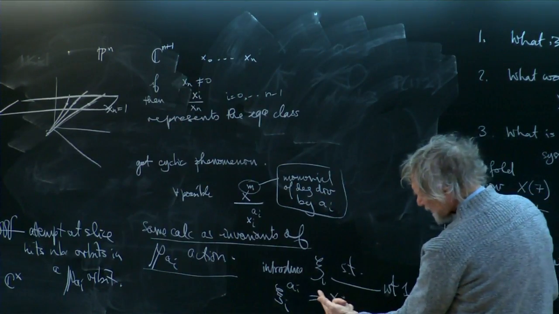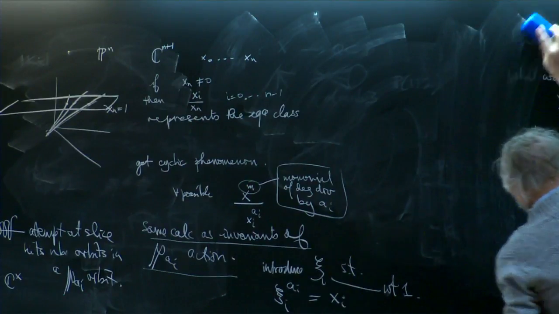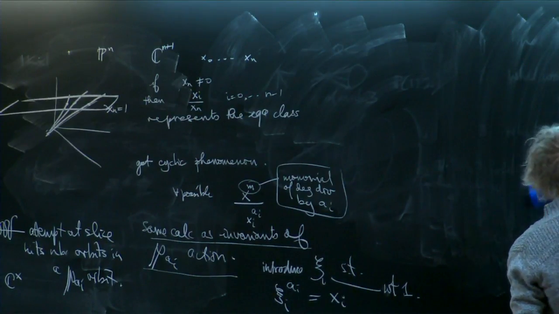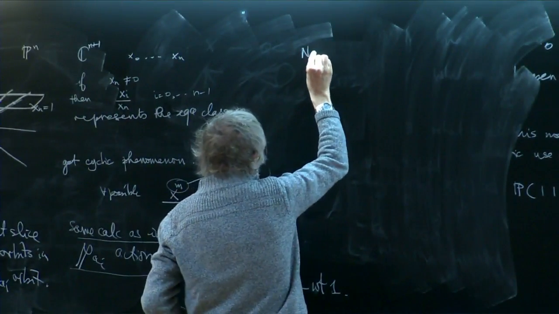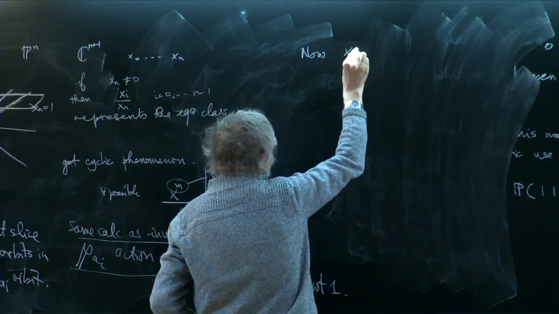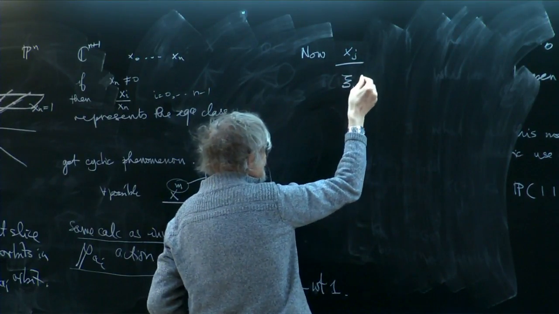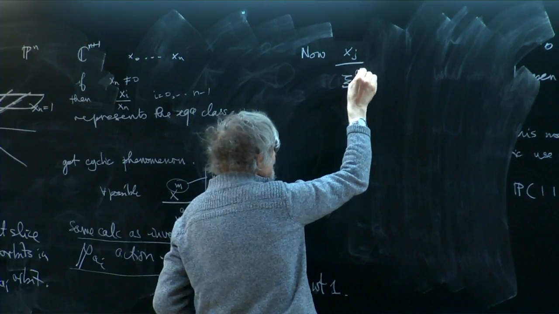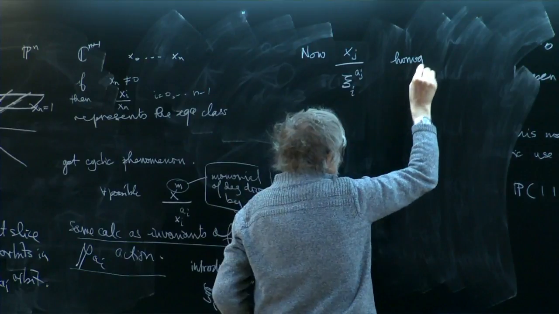in which now I can just write down each of the other xj's, and now xj divided by this same psi to the power of aj is now homogeneous of degree 0.